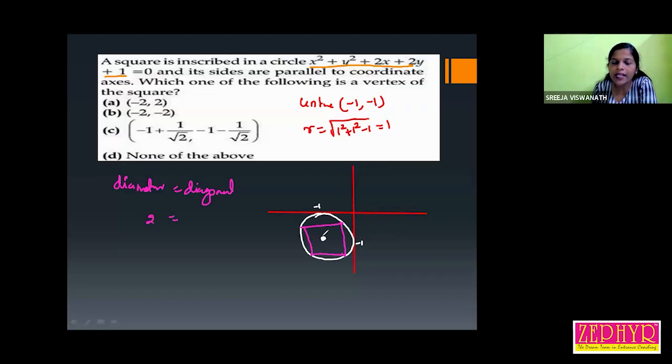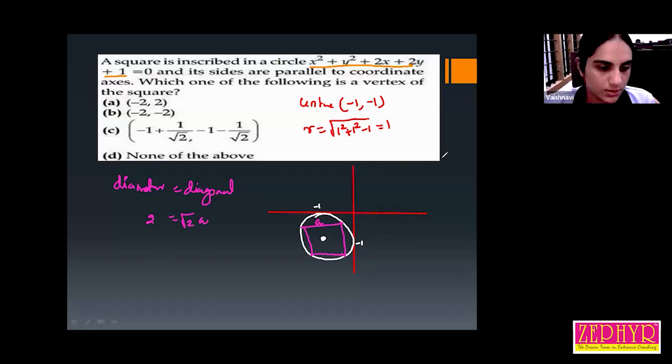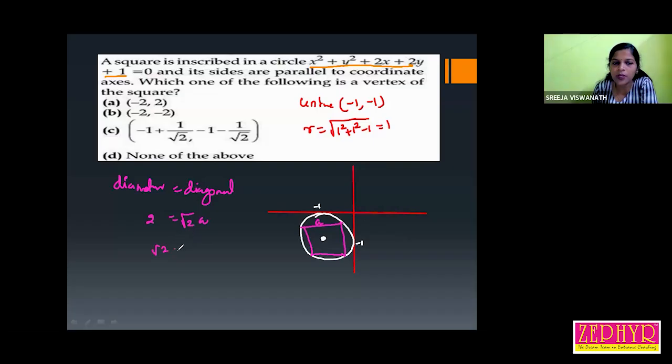How to find the diagonal of a square? Suppose a is one side of a square, then diagonal is root 2 times a, right? Yes, ma'am. So from here we get root 2 equal to a. That means side of the square is root 2.